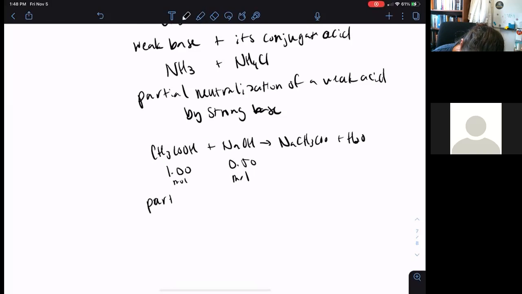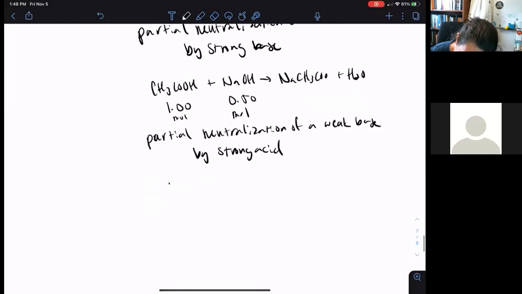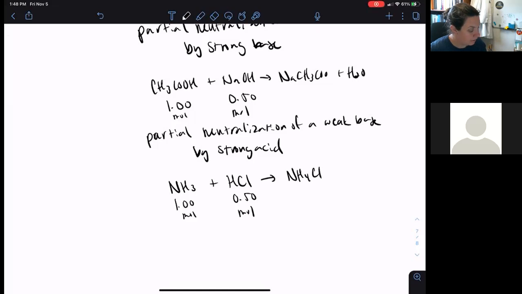Or partial neutralization of a weak base by strong acid. So NH3 plus HCl goes to NH4Cl. So again, we want to have our strong substance be in limiting amounts. Okay.